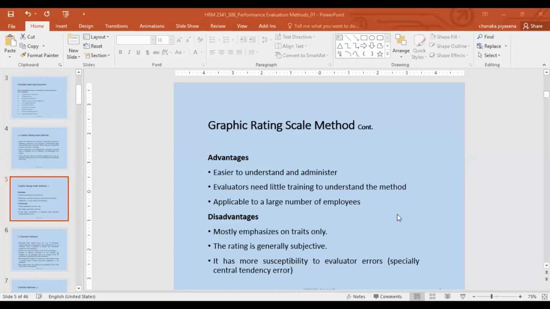Therefore, when we train evaluators in our next few steps, it is very easy, because evaluators need little training to understand the method.